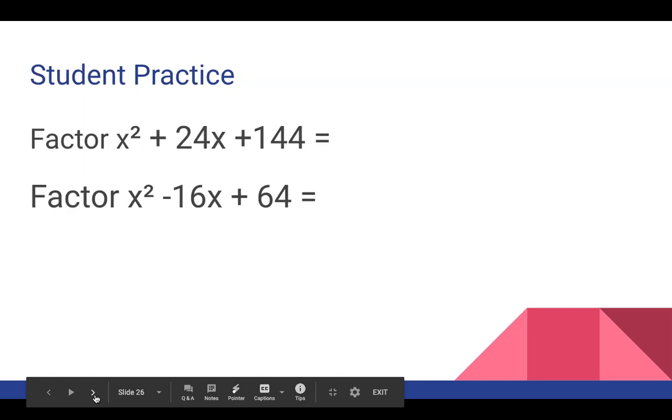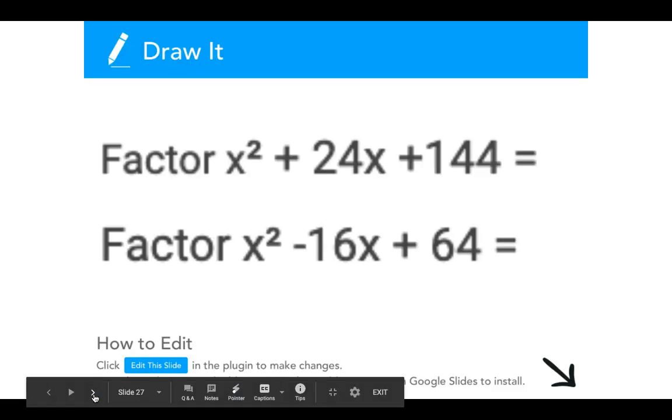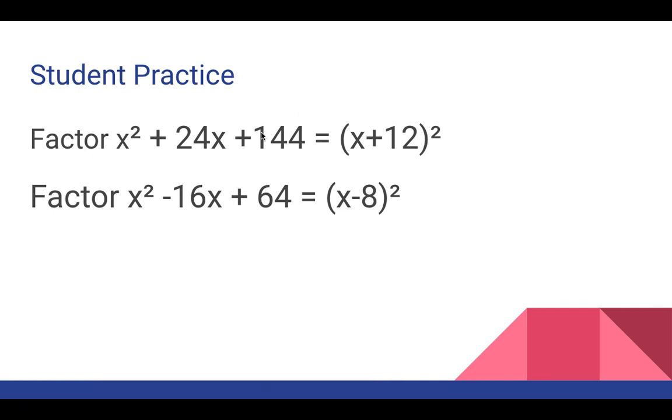Okay, I would like you to factor these. Pause the video and factor it. Okay, since 144 is a perfect square, you can take the square root, which is 12, and 12 plus 12 is 24. 64 is a perfect square.